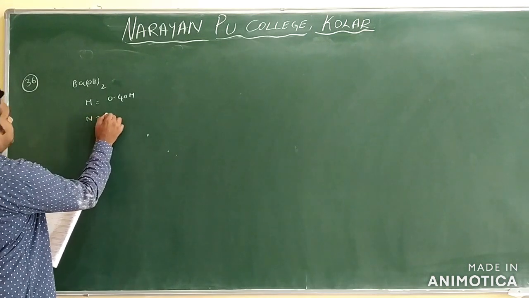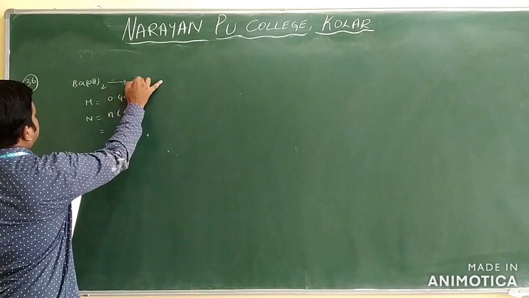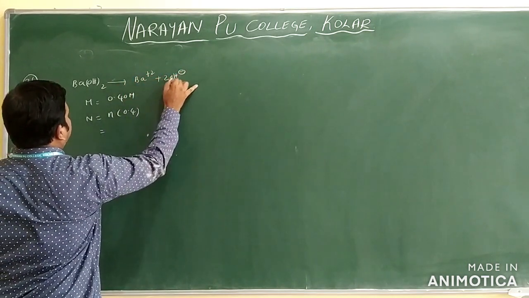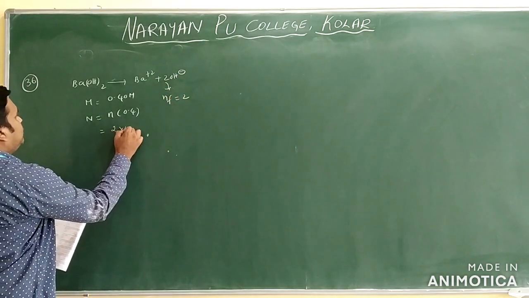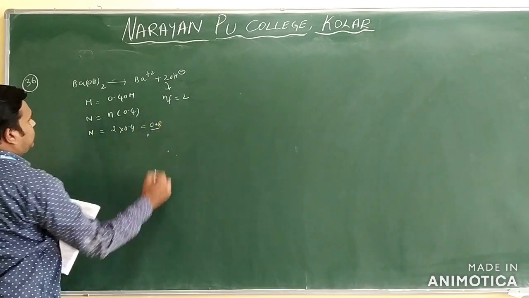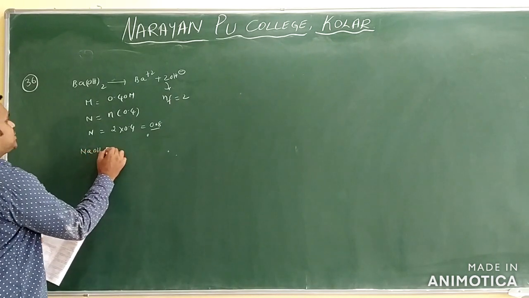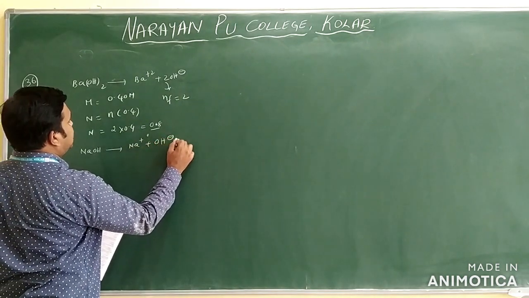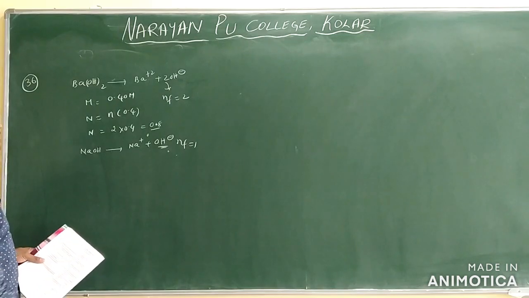Normality is equal to n-factor into molarity. Barium hydroxide dissociates into Ba2 plus and 2OH minus, so the n-factor is 2. You write 2 into 0.4, that is 0.8. For NaOH, it gives Na plus and OH minus, so the n-factor is 1 because it gives only one OH minus ion.